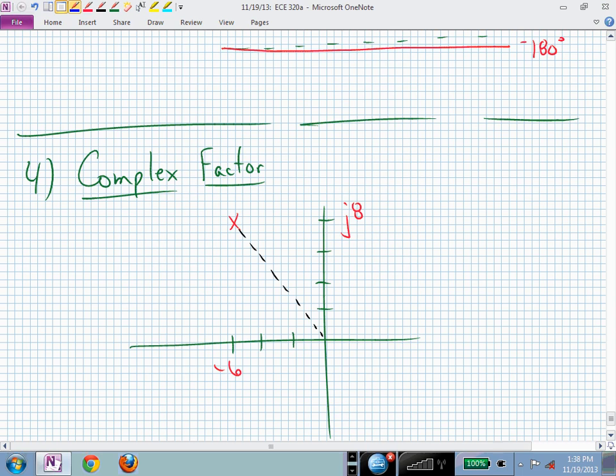We carry a piece of string with us all the time so that we can sketch. We're going to take our string, tie it around our pencil, take the other end and put it on the origin, and now just draw an arc of radius 10, which is our natural frequency here. And if we do that, this distance would now intersect here at j10, and this would be at minus 10.